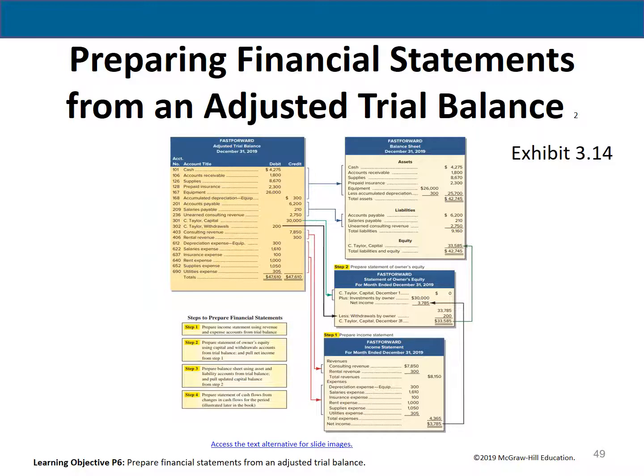These entries are also posted to the same general ledger T accounts we already have in place, that same book, and we update their balances, and we call those adjusted balances for the time period. That leads us to creating our adjusted trial balance, and this is the trial balance we use to create our financial statements.